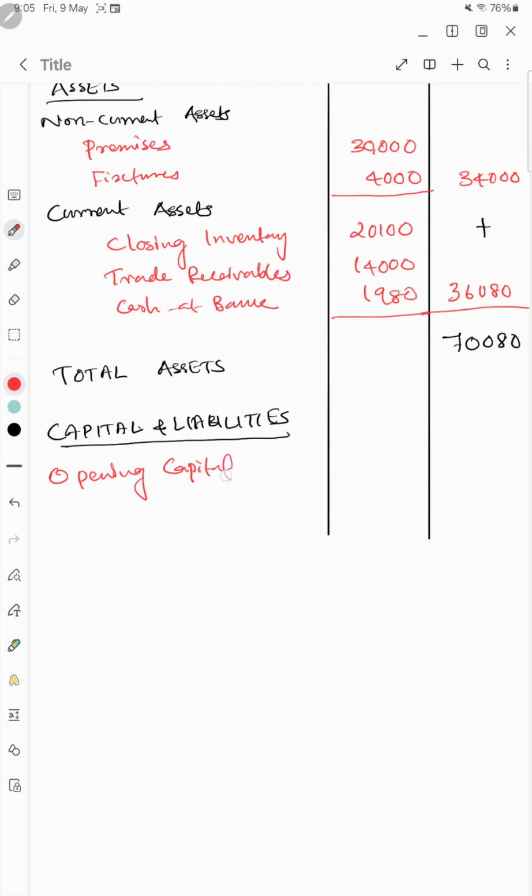We have a loss, right? So not plus, it is minus net loss, minus drawings. If it is cash drawing or goods drawing, you have to add both here.